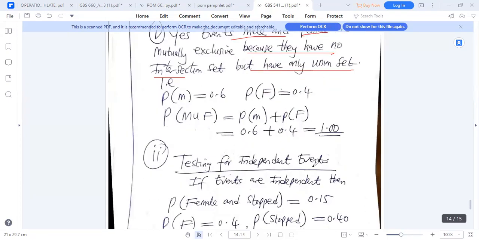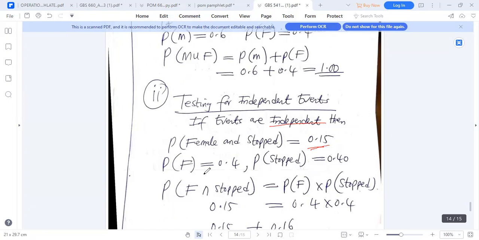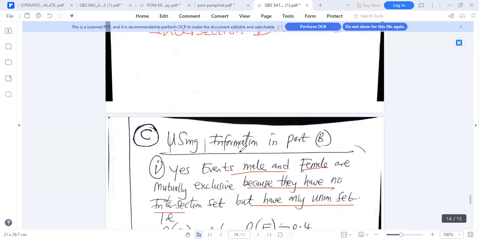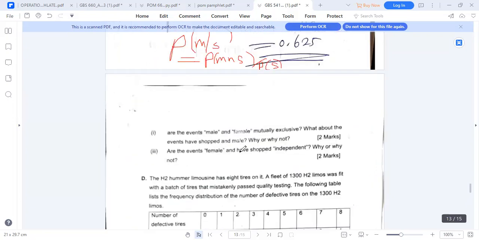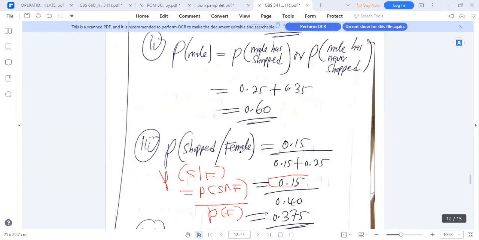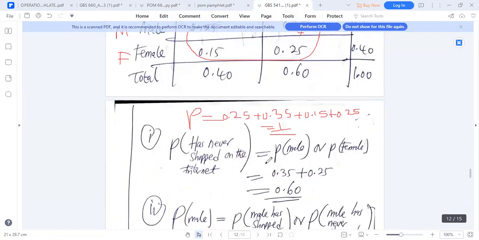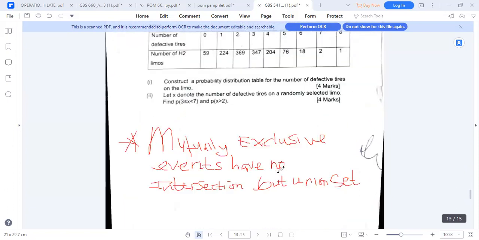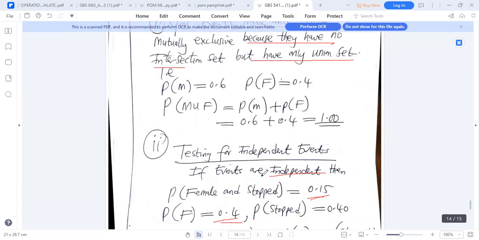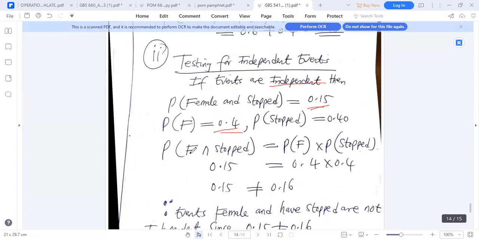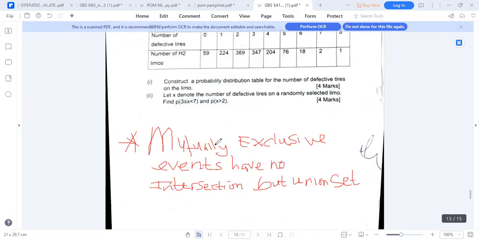Testing for independent events: the probability of female and shopped is 0.15. The probability of female is 0.4 from here, and the probability of male is 0.6. So the intersection of male and has shopped is 0.15.